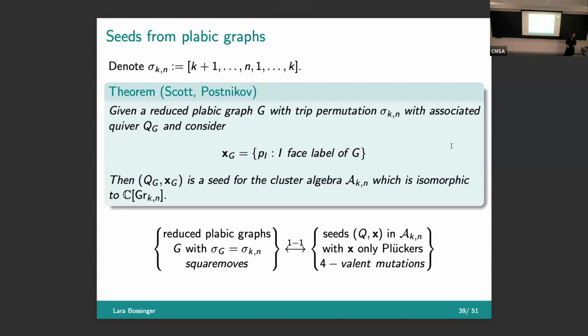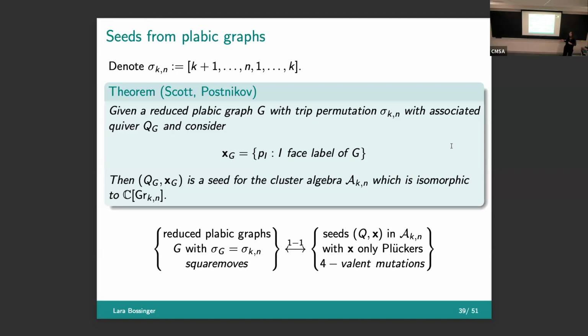It's not a direct consequence, but one can verify that this way we obtain a bijection between reduced Plabic graphs with this given trip permutation, where as an operation on this set I allow square moves, and considered modulo the moves 1, 2, and 3, which were the merging of vertices and inserting or removing vertices of degree 2, and on the other side, seeds in this cluster algebra where the tuple of cluster variables consists only of Plücker coordinates.